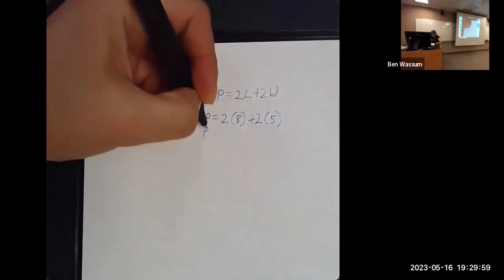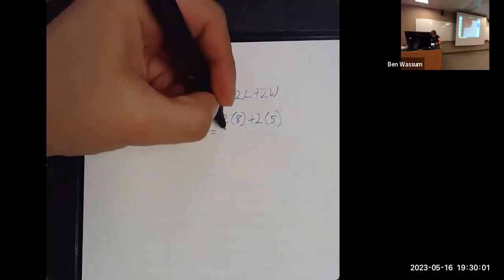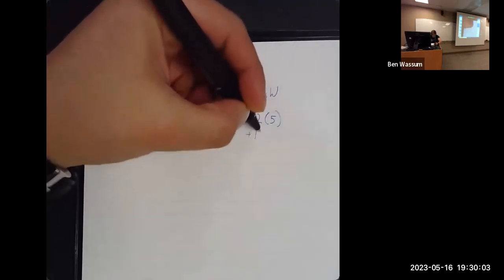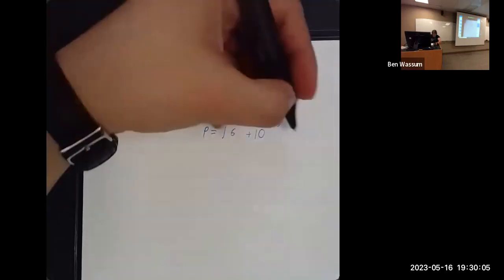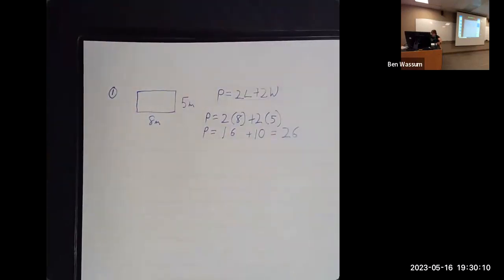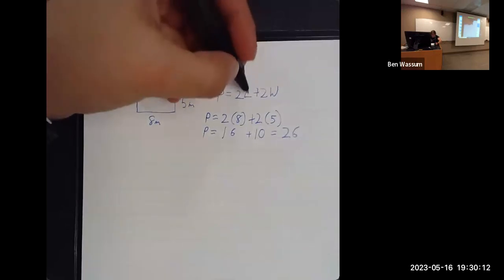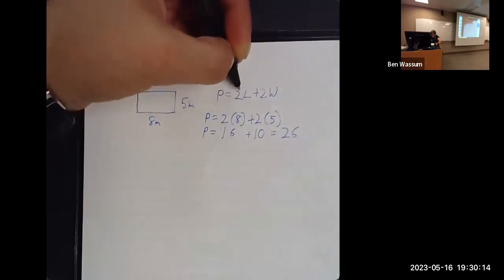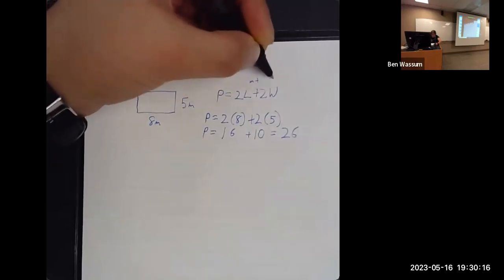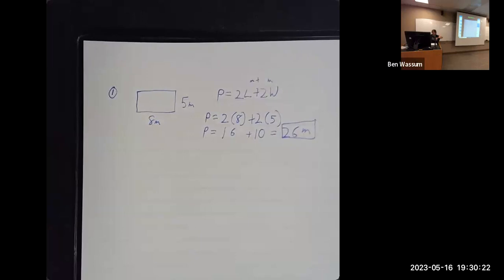So at this point, we would just figure out what this is. So that's a 16 and a 10, we get 26. And everything's in meters, right? This is twice the length in meters plus something in meters. So our units are in meters. I would recommend having your units on there at all times.